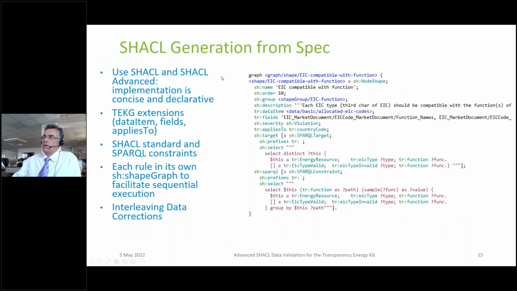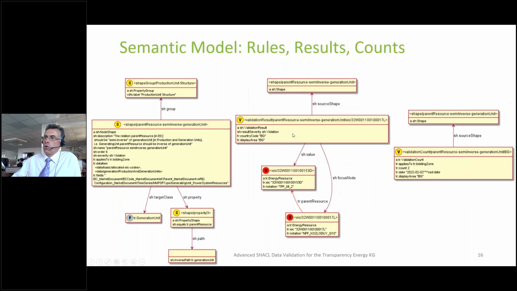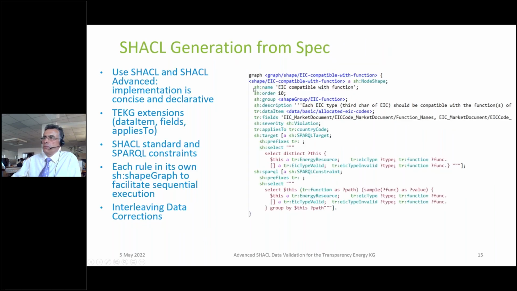So here is the same rule together with the implementation, which is this block. This part of the rule comes from the markdown, the description, and this part is the implementation, in this case using SHACL, I mean SHACL SPARQL. So you see some pieces of SPARQL here.